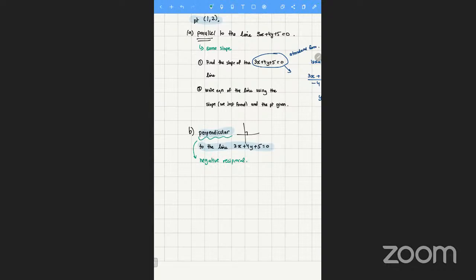Yeah. So all we have to do is take the negative reciprocal. Yeah, 4 over 3. 4 over 3 is the slope. Okay, next, you do the same thing as last time. We just plug the point into the equation.